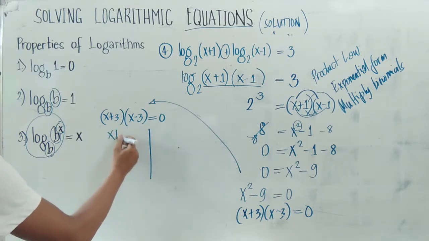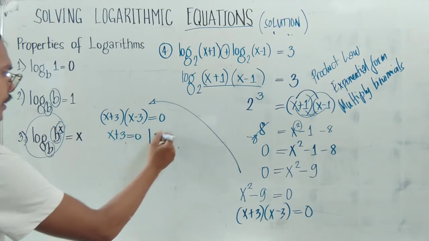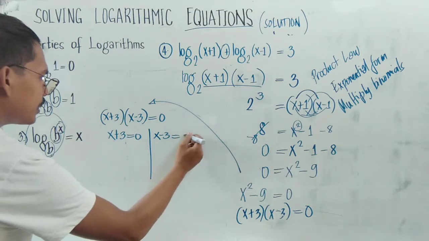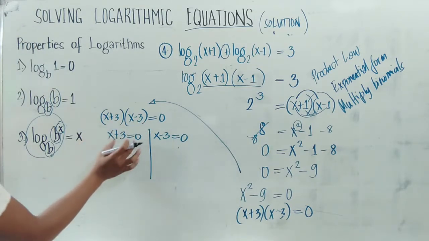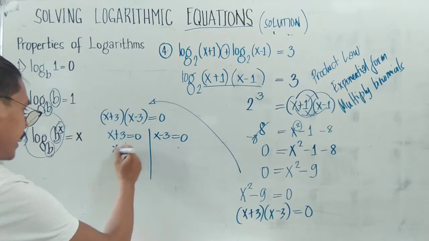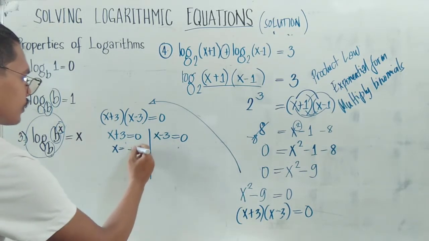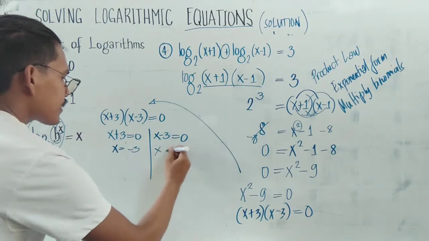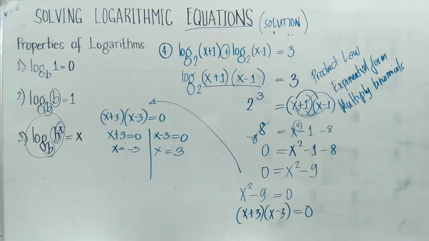Then we have x plus 3 equals 0, then x minus 3 equals 0. Each factor is equated to 0. Then we have x equal to negative 3, and we have x equal to positive 3. Okay?